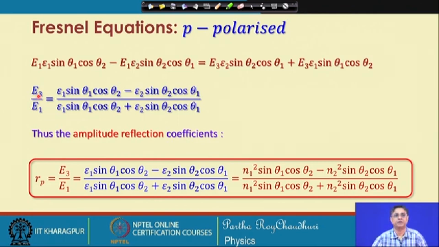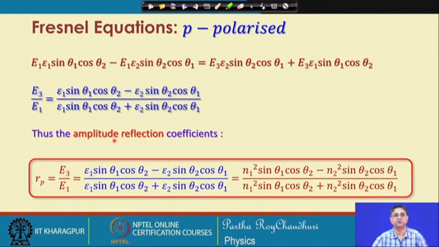Therefore, the amplitude reflection coefficient, which is given by E 3 by E 1, we will call this R P, because we are working with the p polarized light, that is the TM polarization. Therefore, R P is equal to E 3 by E 1.